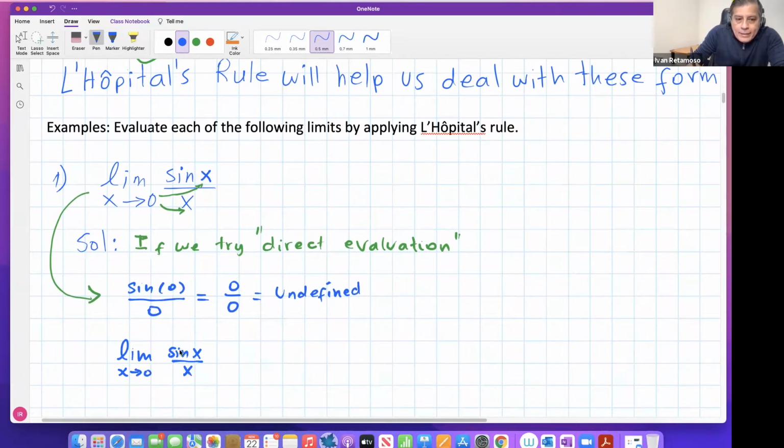If when taking the limits of the top and of the bottom part, we get independently 0 over 0 here, then L'Hopital says, then trade the quotient of these two functions by the quotient of their respective derivatives. Respective derivative, Professor, how does that work? Well, this way. We're going to take the limit as x approaches 0 of the derivative of this guy.